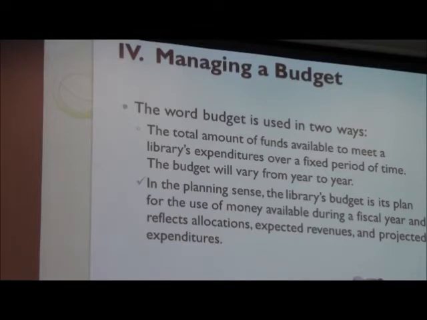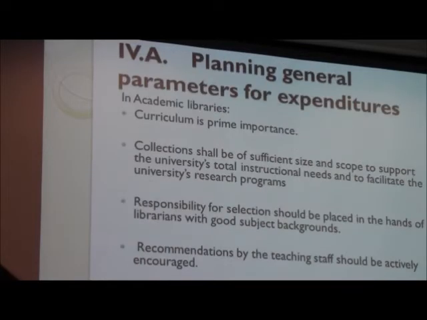And in the planning sense, the library's budget is its plan for the use of money available during the fiscal year and reflects allocations, expected revenues, and projected expenditures. And planning general parameters for expenditure, there are A and B, and A is planning for general parameters for expenditures.